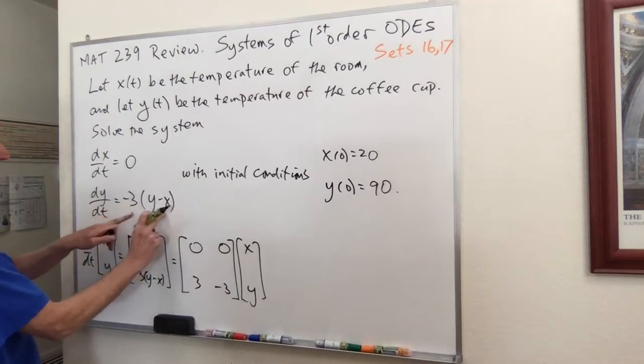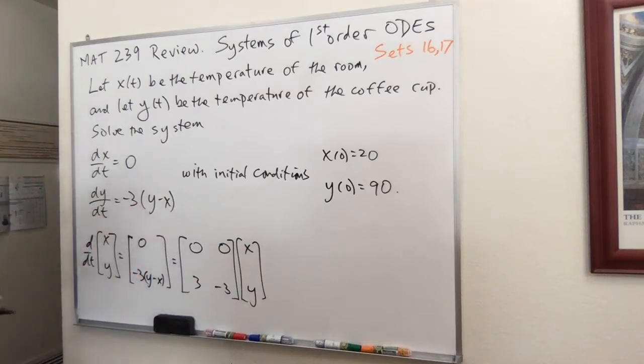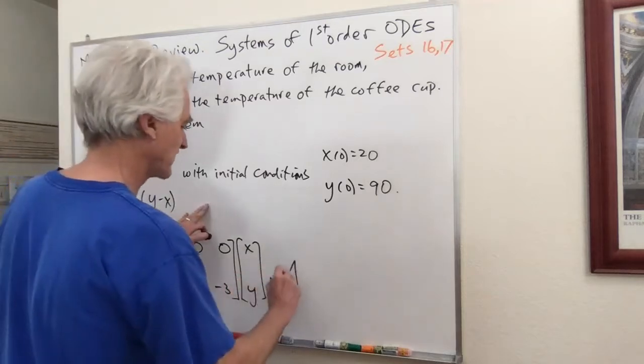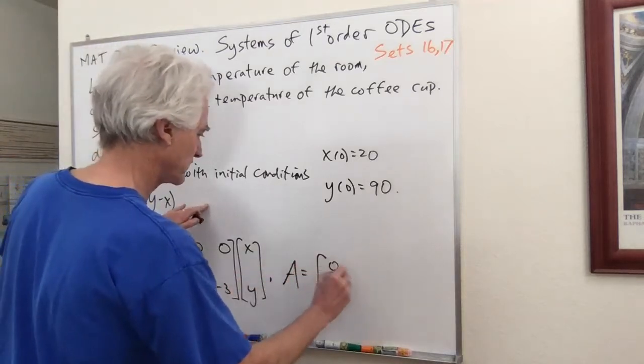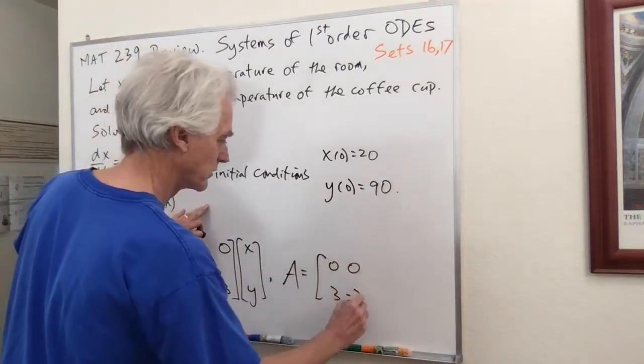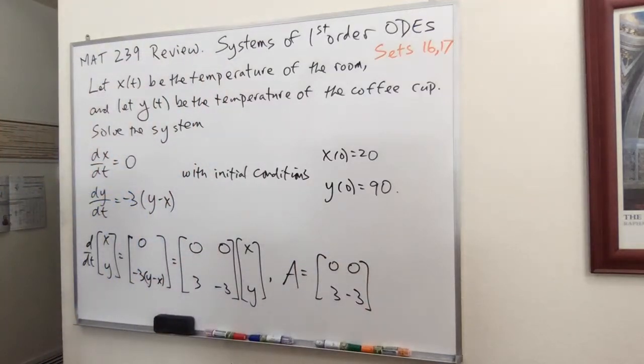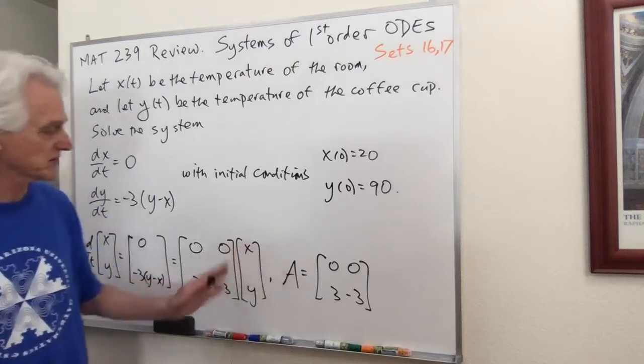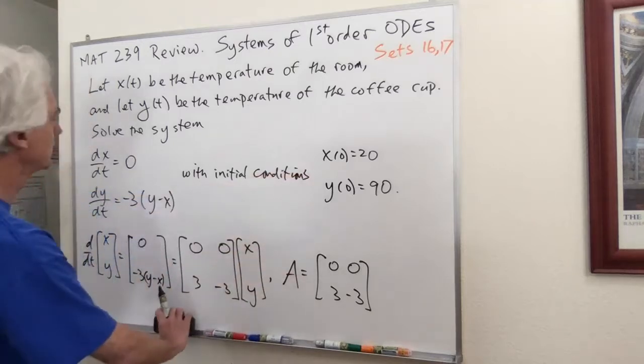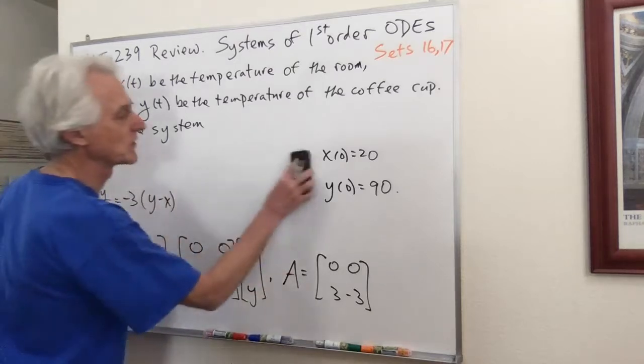So we have the matrix A is 0, 0, 3, minus 3. We want to solve d/dt of this vector is that matrix times the vector with those initial conditions. We'll leave those there.